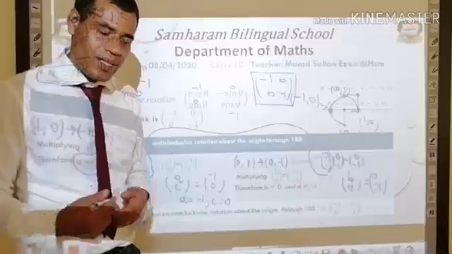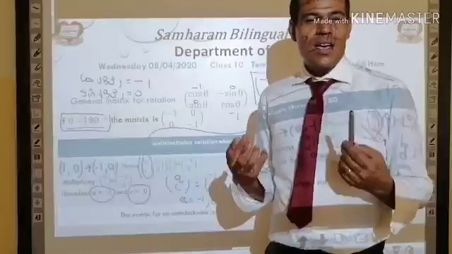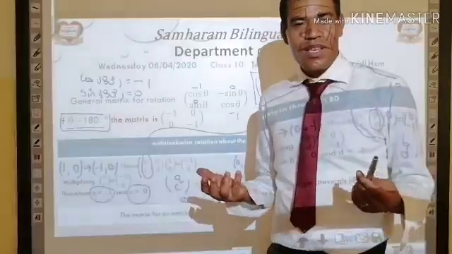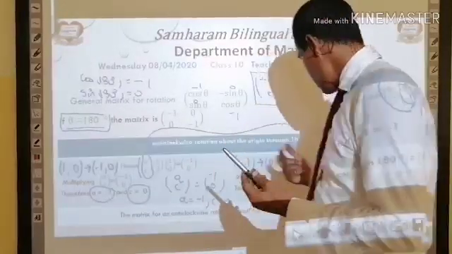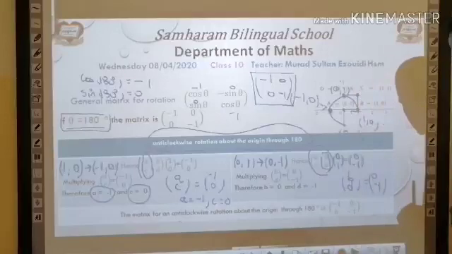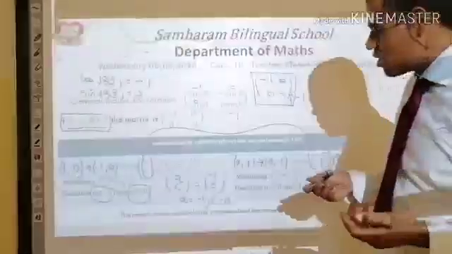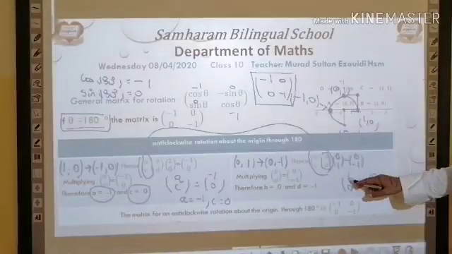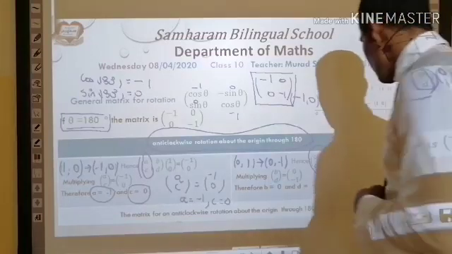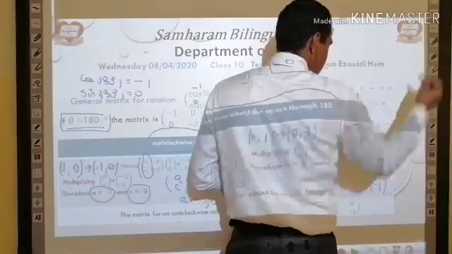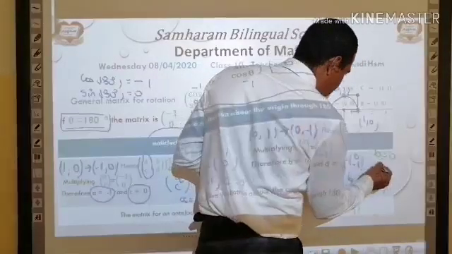Simply because both matrices are equal. As they are equal, their orders are also the same, 2 by 1. As they have the same order, you can equate their corresponding entries. Means B equals 0 and D equals negative 1.